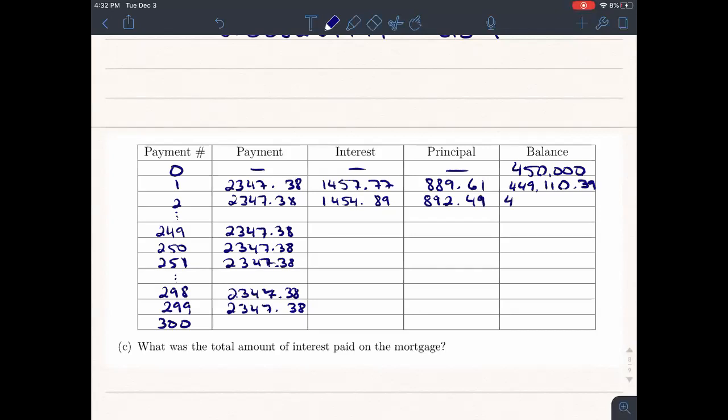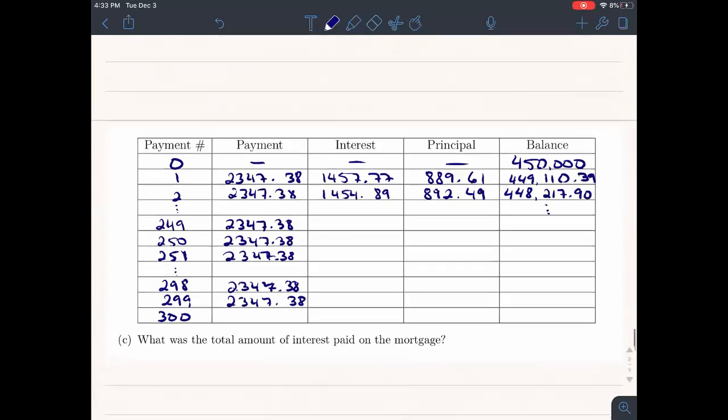And the new balance I get is 448,217.90. And then we've got dot, dot, dot, until we have to find the future value at the 249th payment. And that's how we find our balance at the 249th payment.